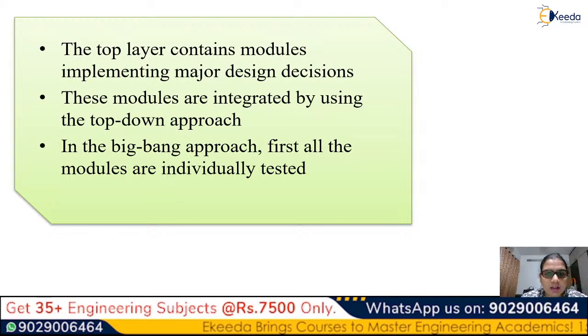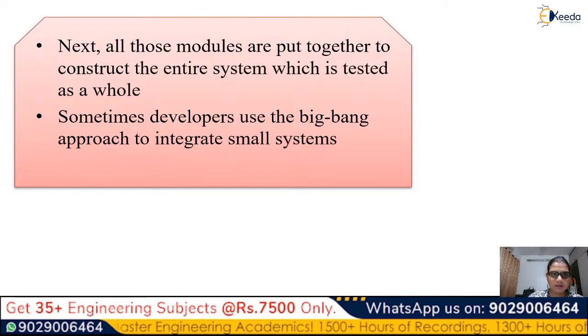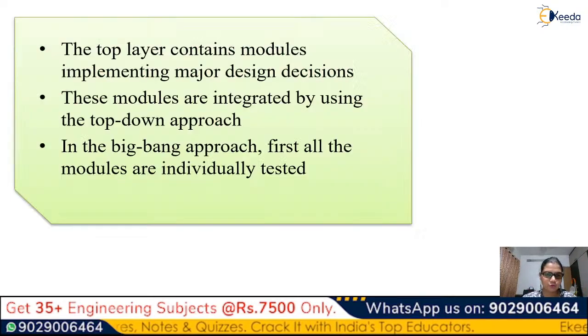So these modules are integrated using the top-down approach, and in Big Bang, first all the modules are individually tested. So Big Bang and sandwich, we have seen that both methods are clubbed together. And next, all these modules are put together to construct the entire system, which is tested as a whole. Now what happens, I'll go back and see.